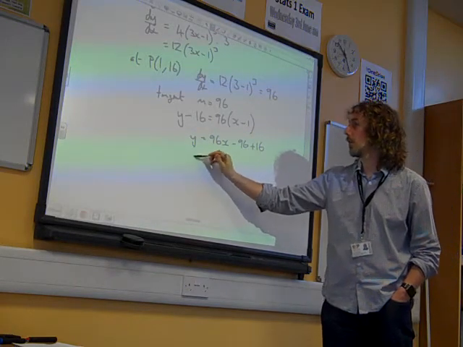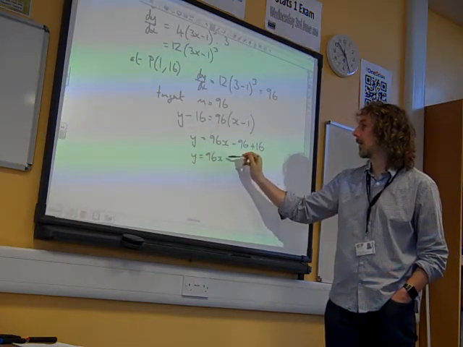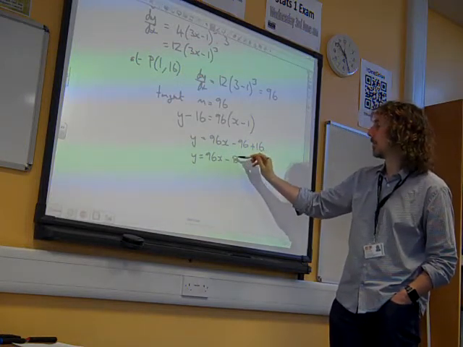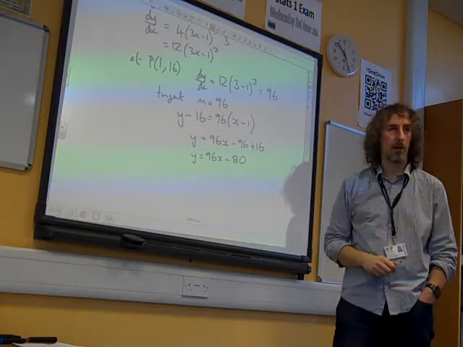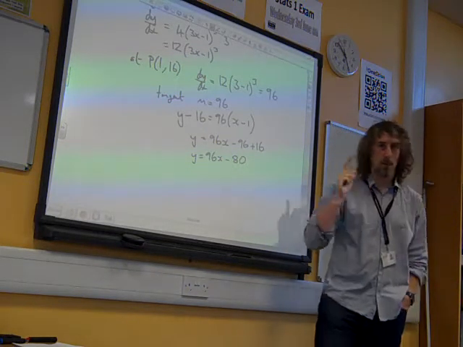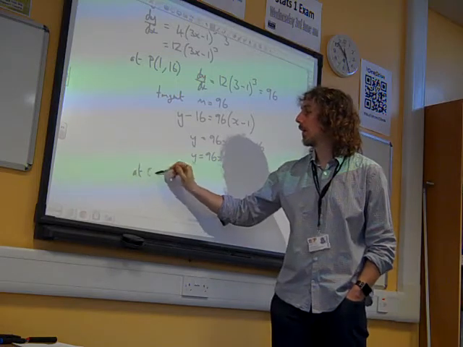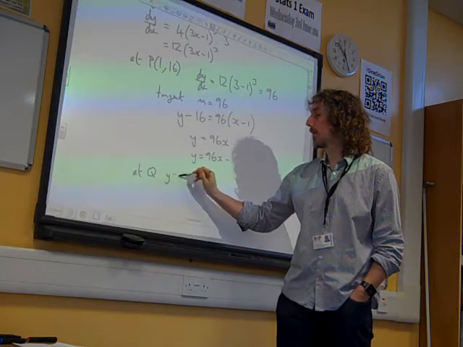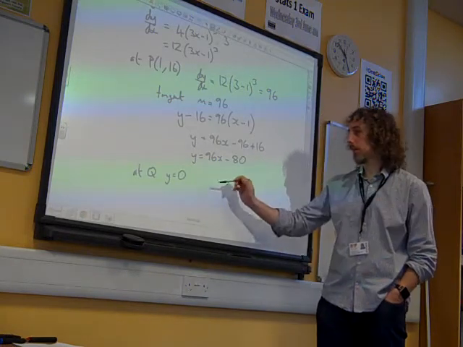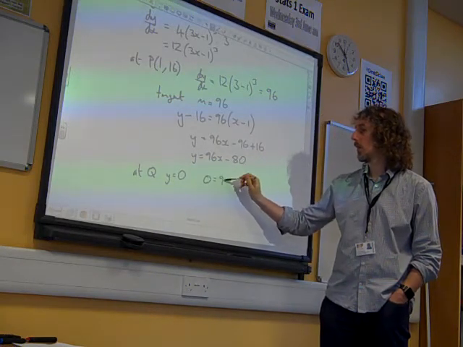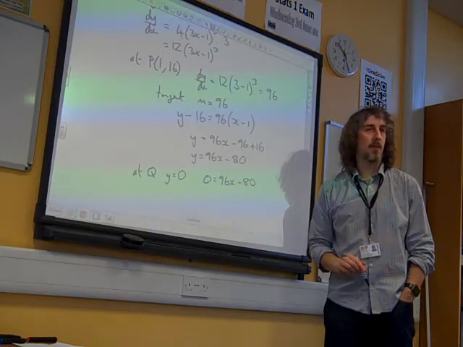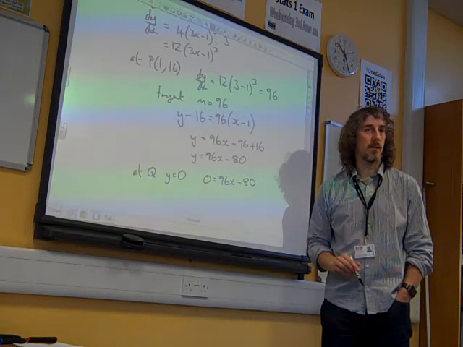So we've got y = 96x - 80 as our equation. At the point Q, y equals 0, because it's on the x-axis. So if y equals 0, 0 = 96x - 80, so x is 80 over 96.